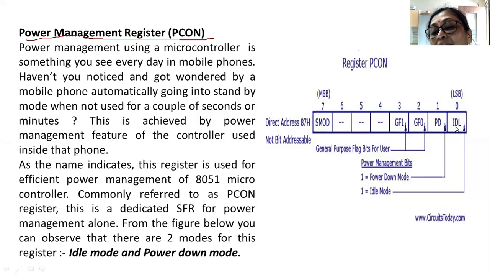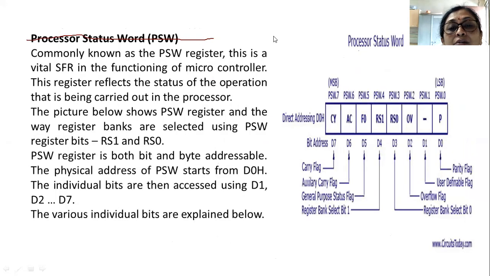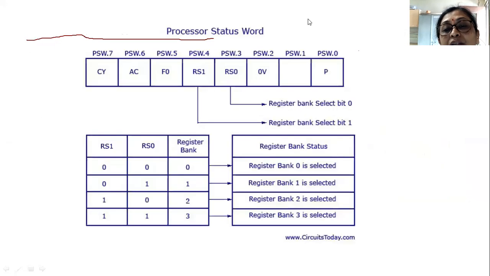But the PD and IDL bits are used for power management. Whenever you set the PD bit, the power down mode is selected, and whenever you set the IDL bit, the idle mode is selected. So this is the power management strategy of the 8051 microcontroller. Now let us move to the next special function register.